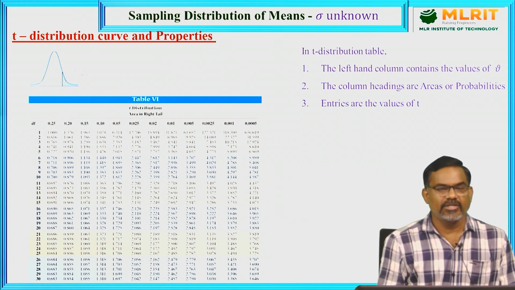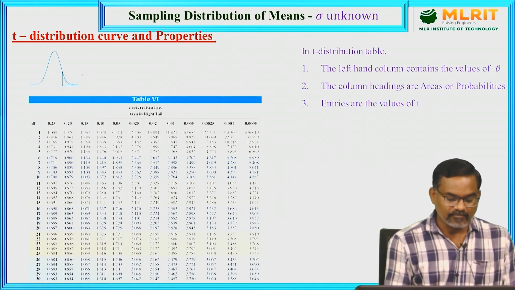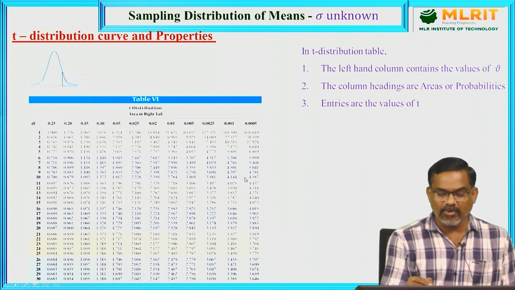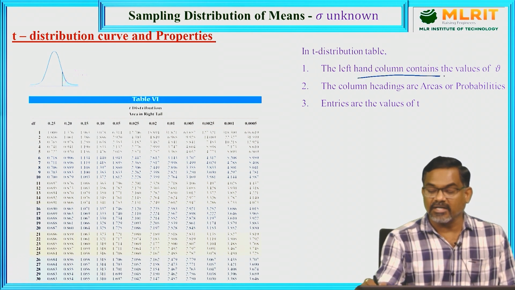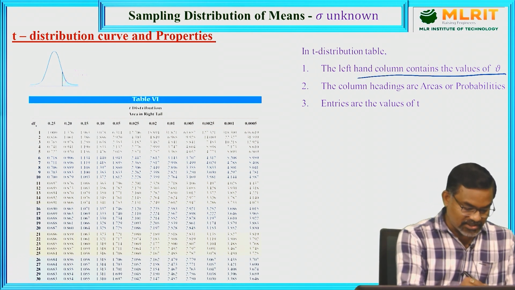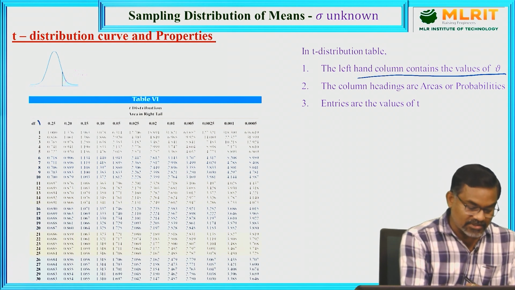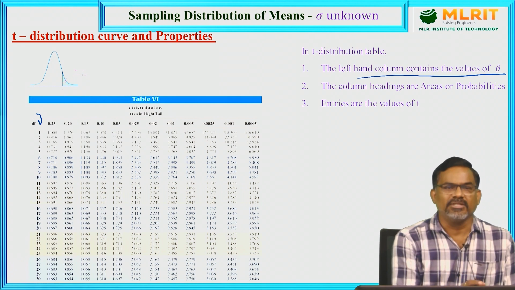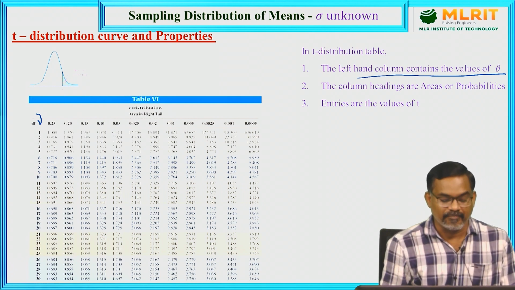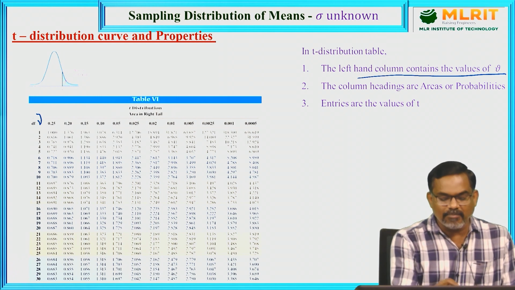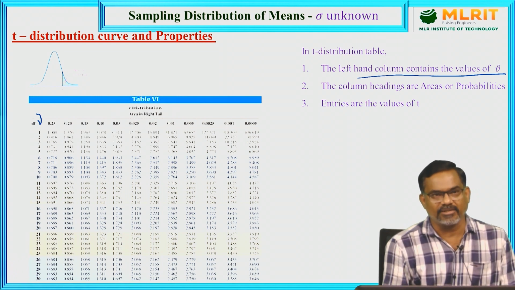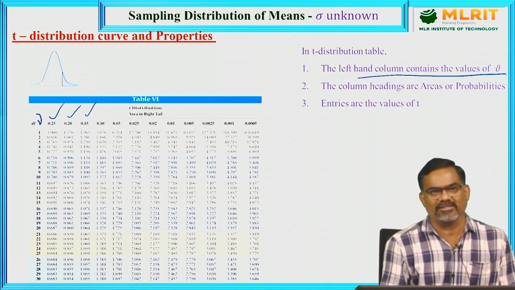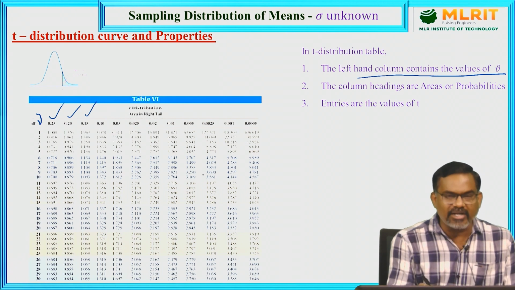Now, coming to the t distribution table. In this table, the left hand column contains the values of mu, the degrees of freedom. The top row or column headings are the areas or probabilities. So, here 0.25, 0.2, 0.15 and so on, these are the alpha values, and the entries are t values.